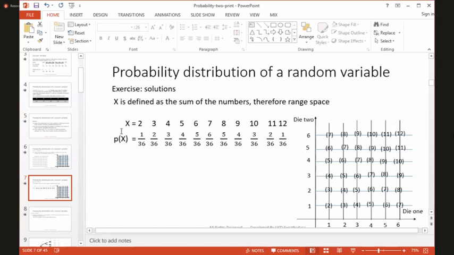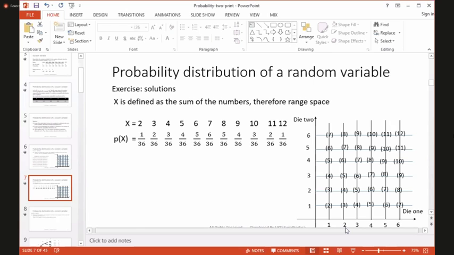To prepare the probability distribution, what is the probability to get 2? Only once, right? Similarly, the probability to get 12 is only once. But if you take the number 3, it is 2 times. How to get the total 3 in 2 ways? First die 1, second die 2. Sometimes first die 2, second die 1. There are 2 possibilities.